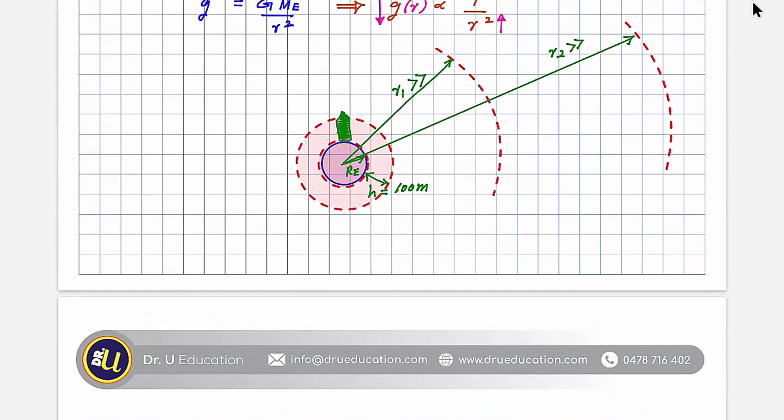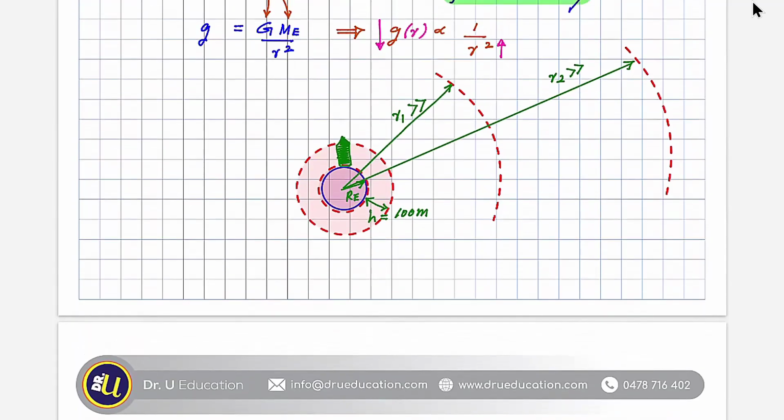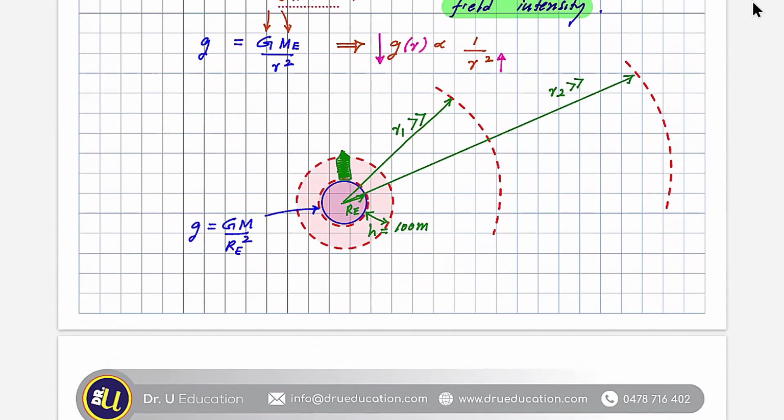I'm talking about G in here. What is the G in here? G M divided by R_E squared. Look at the board first.